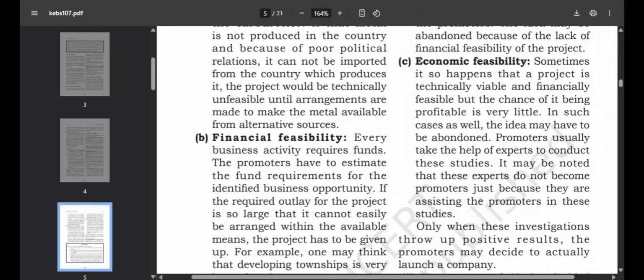Out of the three aspects, two are fulfilled, but there might be a chance that it is not that profitable. In such cases as well, the idea has to be abandoned. Economic means: is the idea profitable or not.